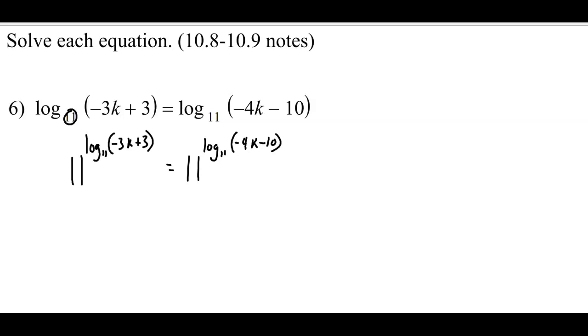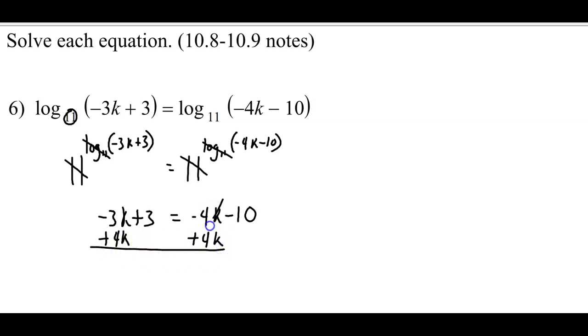And then we have a property that says that this and this cancel each other out. Same thing over here. And then from there, we're just going to solve it like we normally would. So I'm going to start by adding 4k on both sides so I can get those k values together. And I get k equals negative 13.